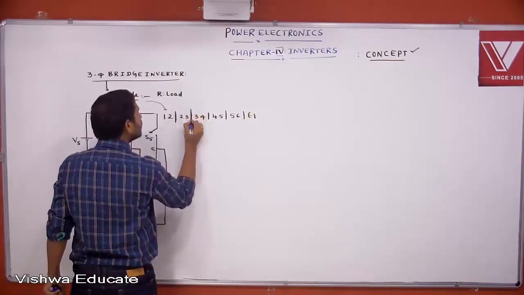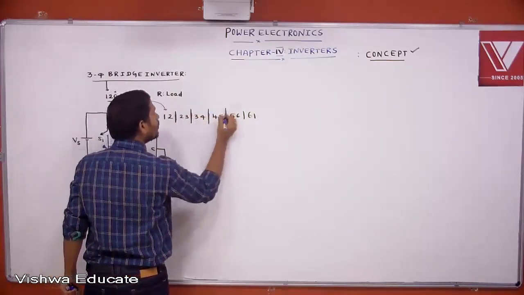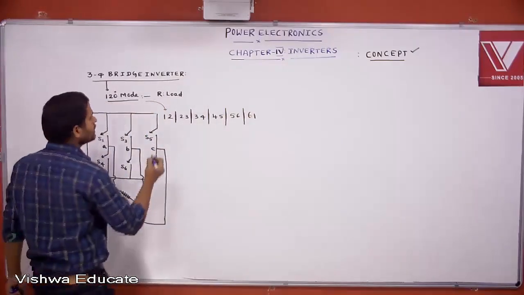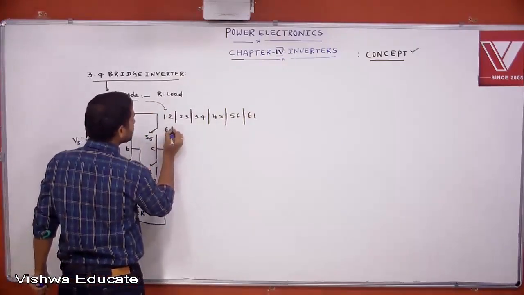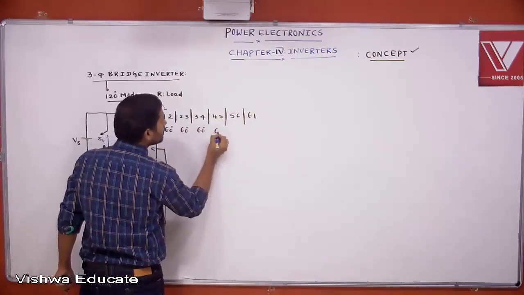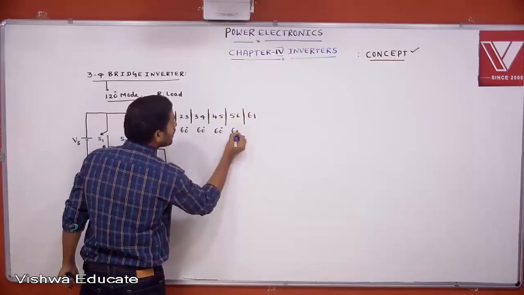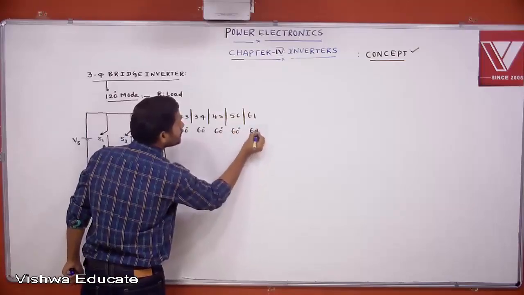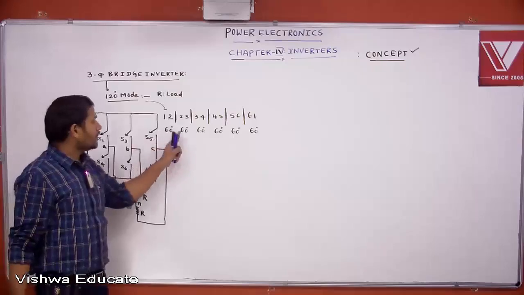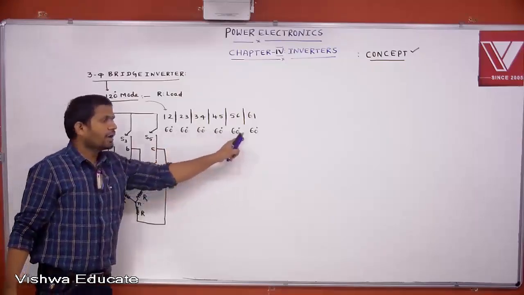This interval is how many degrees? 60 degrees. This is also 60 degrees, and each of these is 60 degrees: 60, 120, 180, 240, 300, 360.